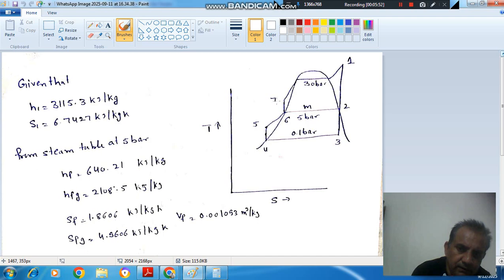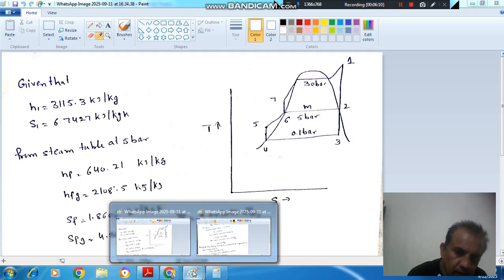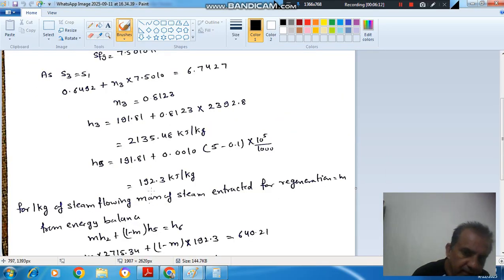So here we have 1 minus m kg, and here we have m kg. So both are mixed. Finally they are at 6. And now balancing the energy, as mass at 6 is 1 kg, mass at 5 is 1 minus m, and mass at 2 is m.